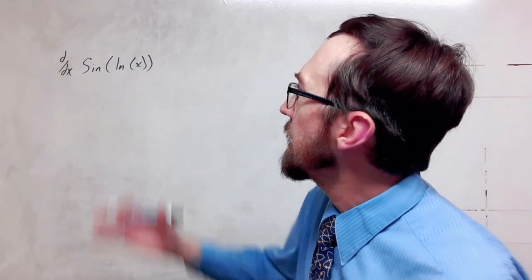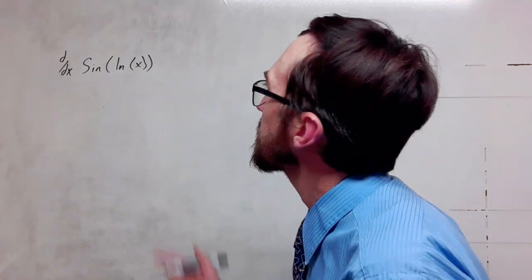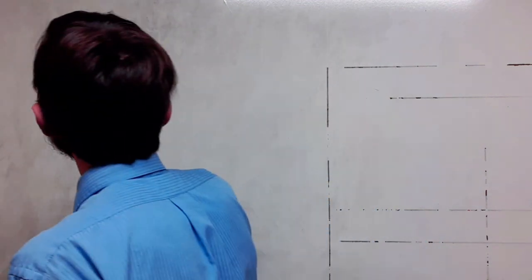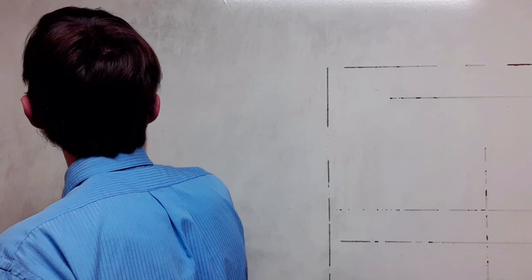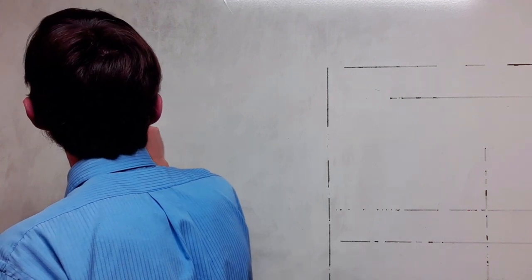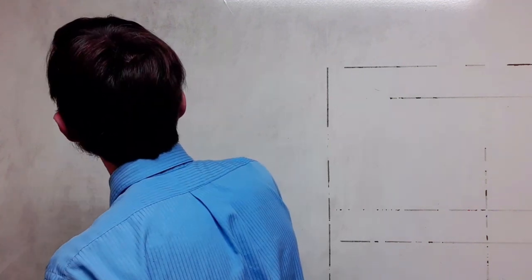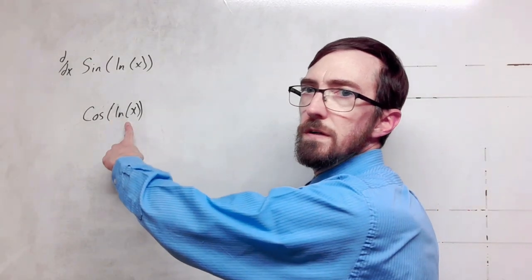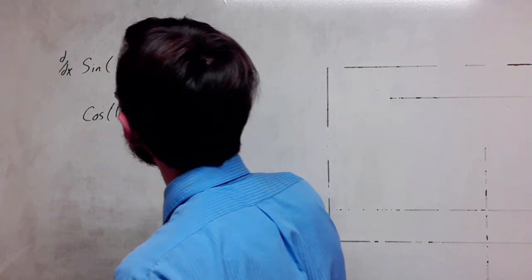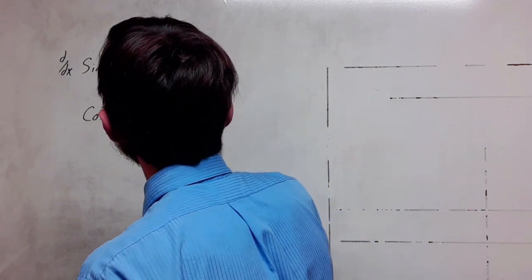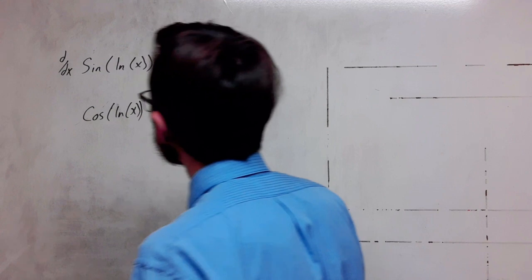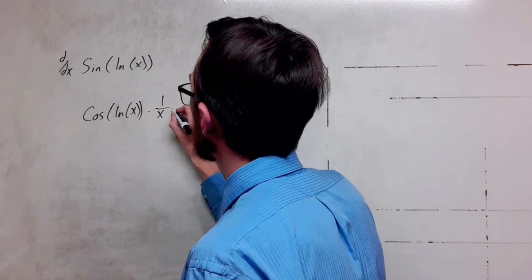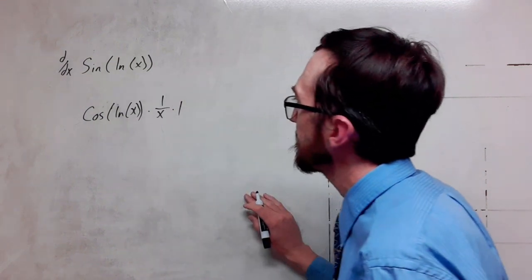All right, let's look at how to work through this. The derivative of sine is cosine. If we do the derivative of the interior here, we have 1 over x. And then if we do the derivative of x, that's multiplying by 1.